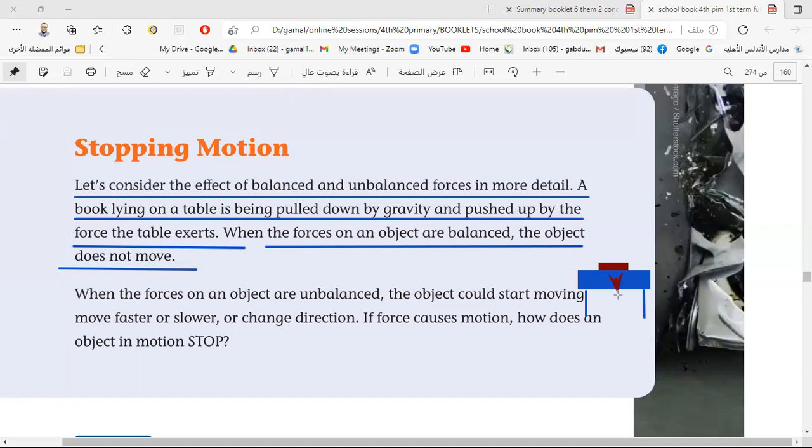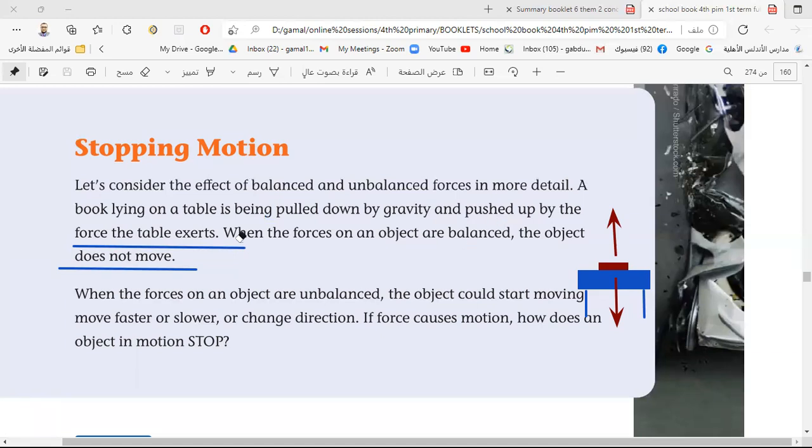There is a pulling force of gravity and there is a pushing force by the table. The two forces are balanced. So the book stays in its place and doesn't move because the forces are balanced. Is it okay? Very good, my son. Thank you.